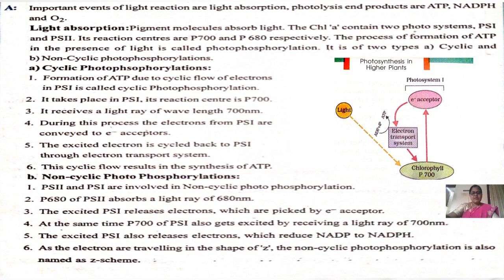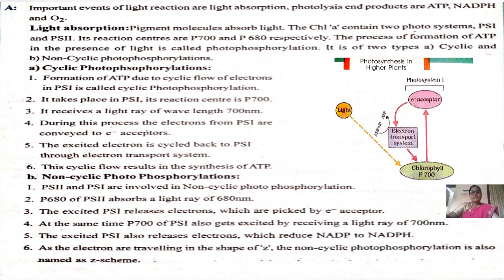The excited electrons are cycled back to photosystem 1 through the electron transport system. This cyclic flow of electrons results in the synthesis of ATP. So this is about cyclic photophosphorylation.